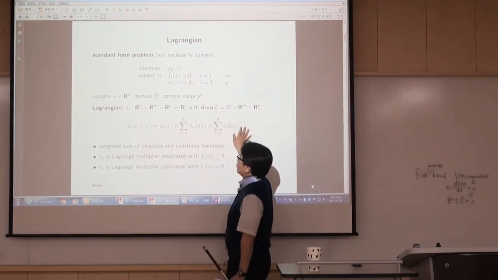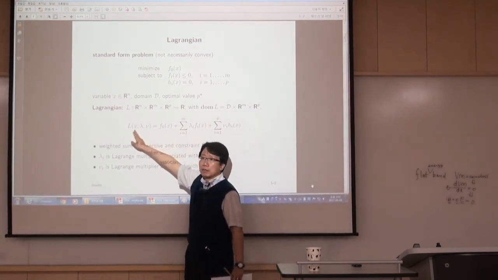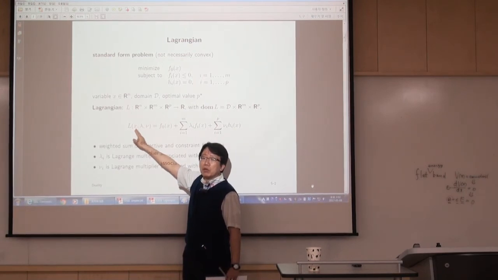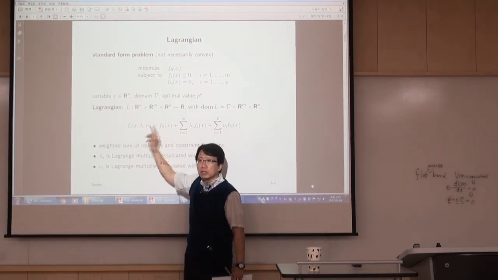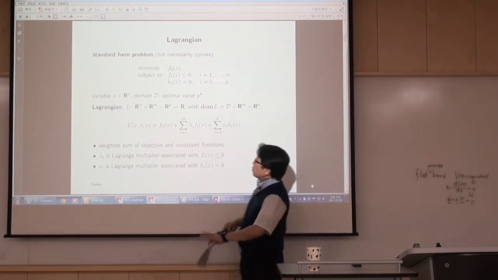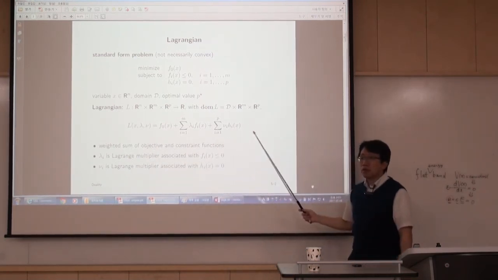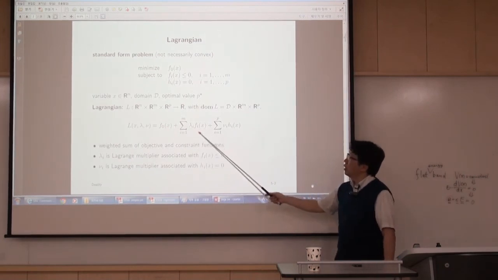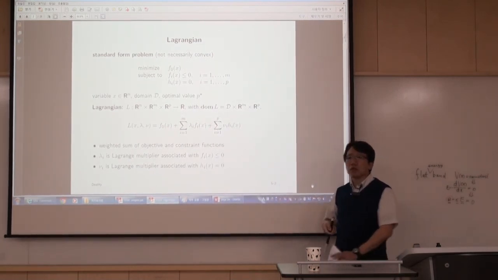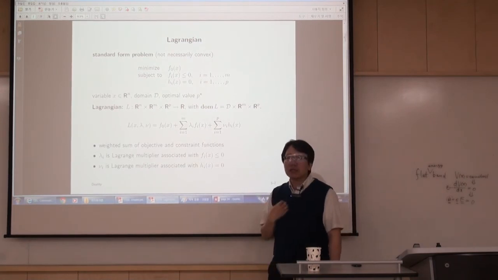This value, when x is in the constraint set, will always be less than our objective function value. So it seems that this simple weighted sum of the objective function and inequality constraint functions and equality constraint functions may provide us a lower bound.